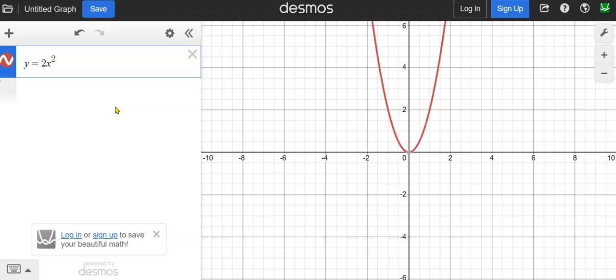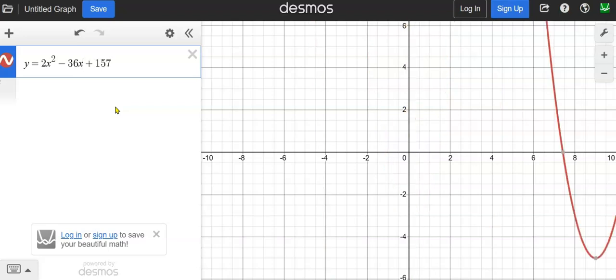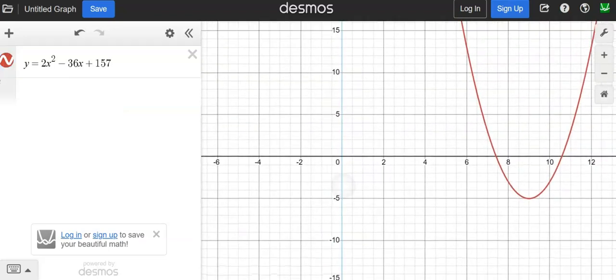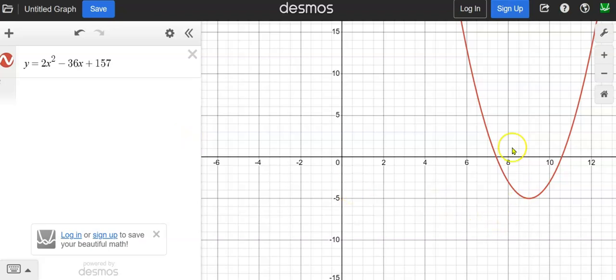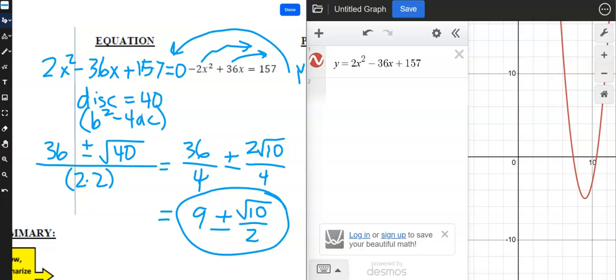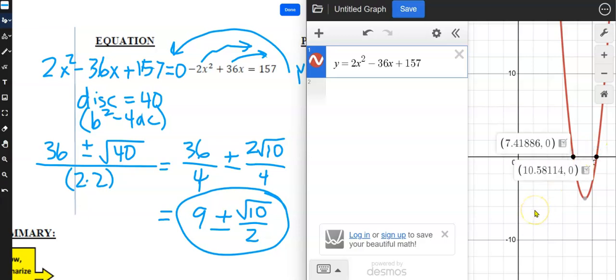And you can see our picture right here. But the best thing we can get are decimals. Graphing is not going to give me a nice, awesome solution like this.